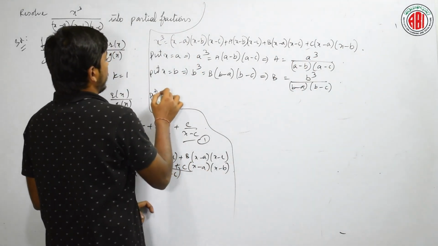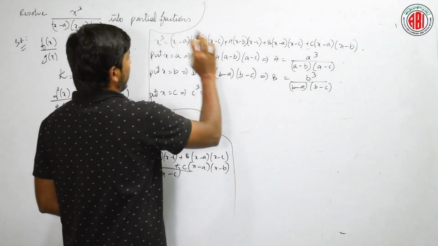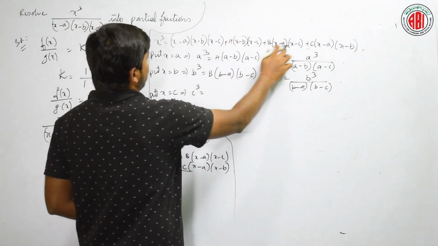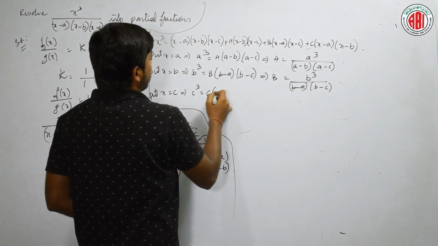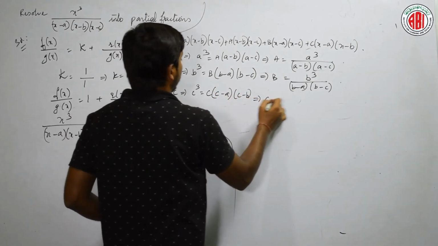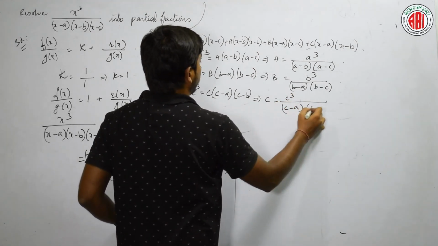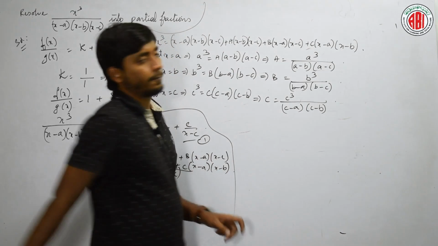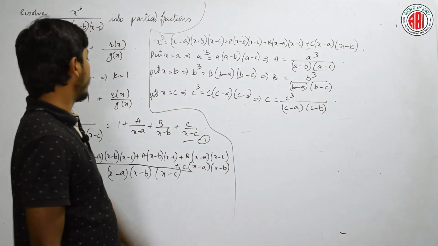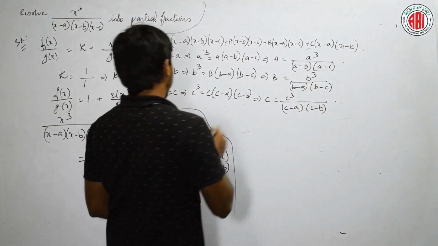Next, put x equal to c. c cube equal to, again we will lose these terms, will be left with C into c minus a into c minus b. Therefore, C is equal to c cube by c minus a into c minus b. Over, substitute A, B, C values in this first equation, write it properly.